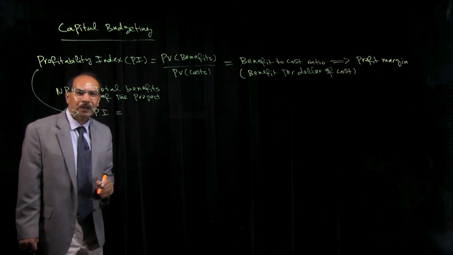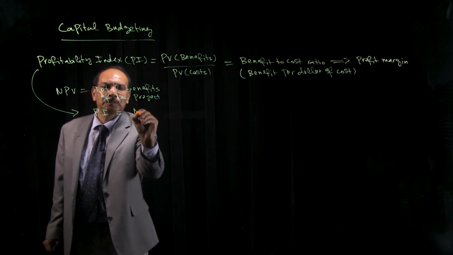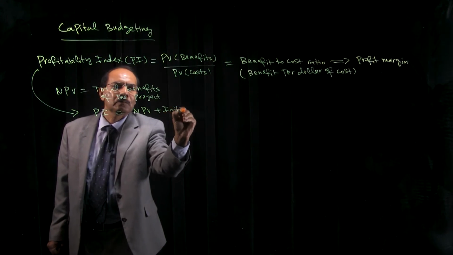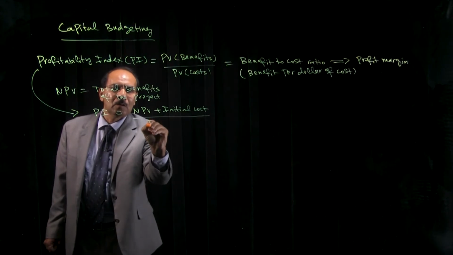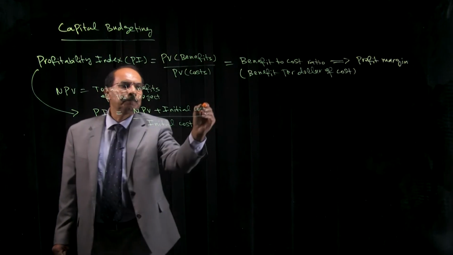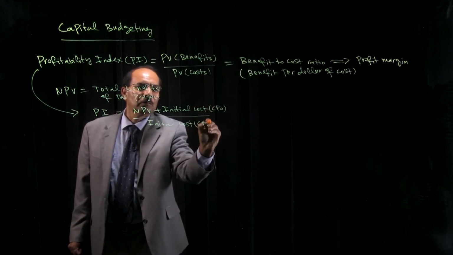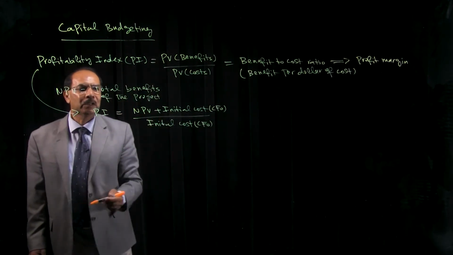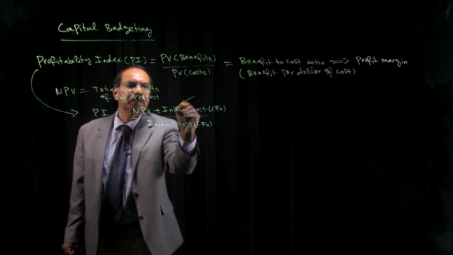Let me show you how we can calculate the profitability index once you have calculated the net present value. So essentially, you take your net present value that you have calculated, add into it the initial cost, and there you need to ignore the minus sign.